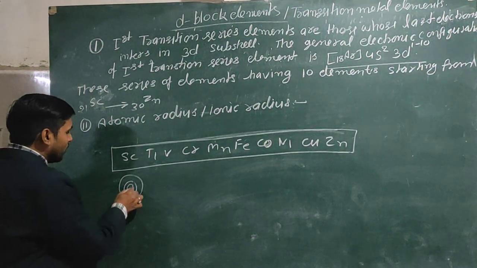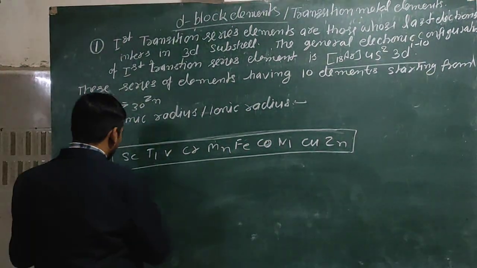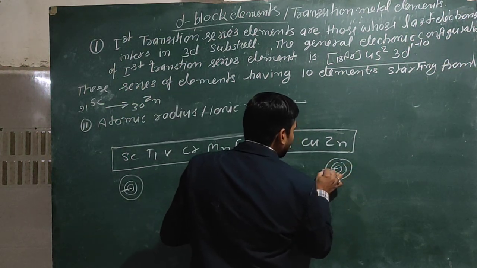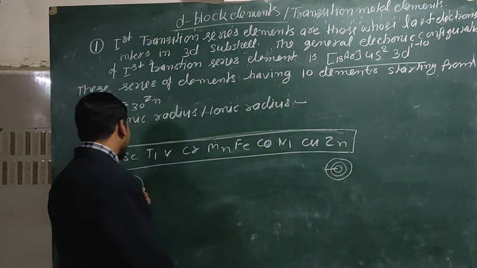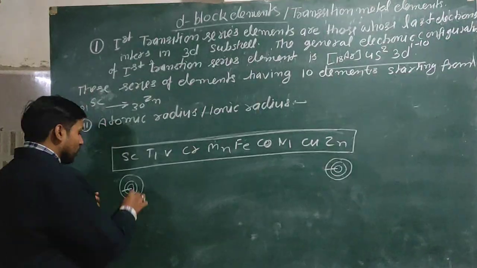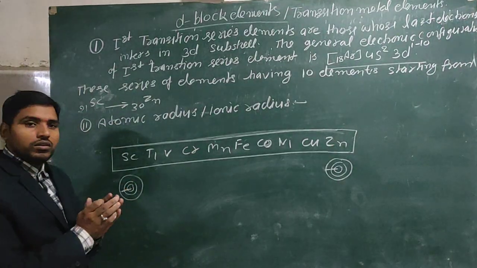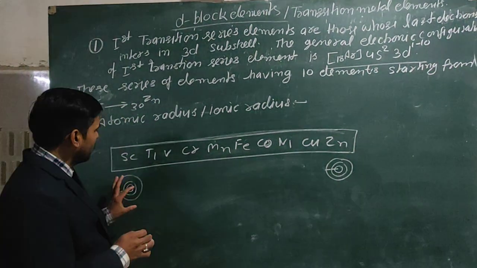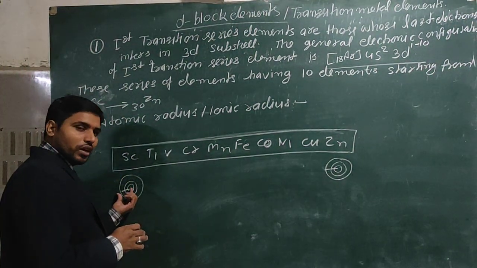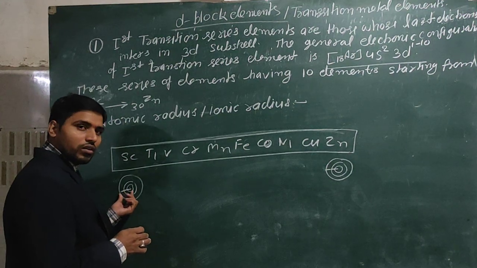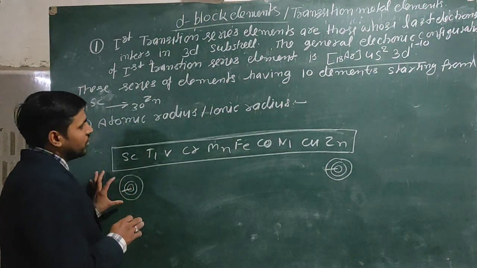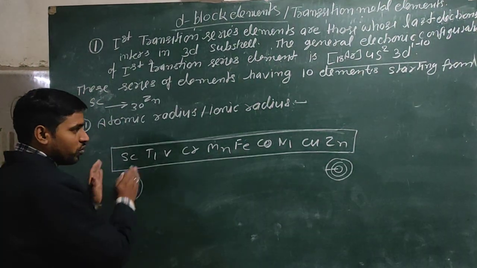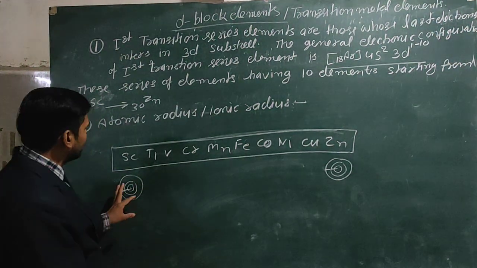Due to the presence of the same number of shells from scandium to zinc, the distance from the nucleus to the outermost shell does not increase, it is constant. Due to this constant distance, the atomic radius never increases as we move from left to right in the period of the periodic table.